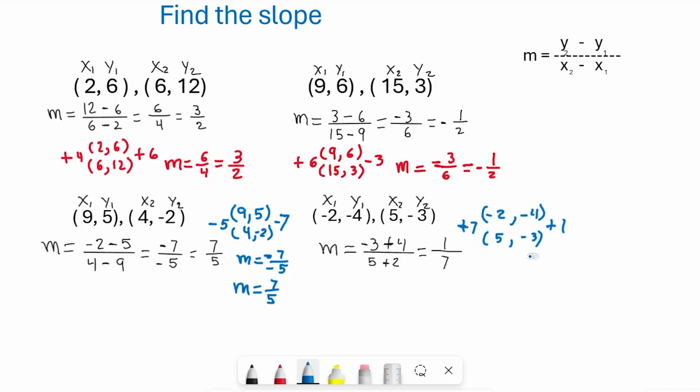So then the slope should be 1 over 7. Straightforward. Okay. And these are two ways you can get the slope. Whenever they give you 2 points, you can either use the long way or you can use the shortcut. I like to use the shortcut.